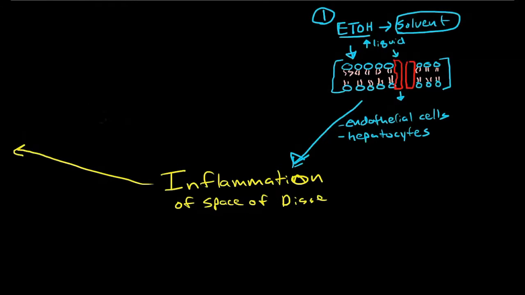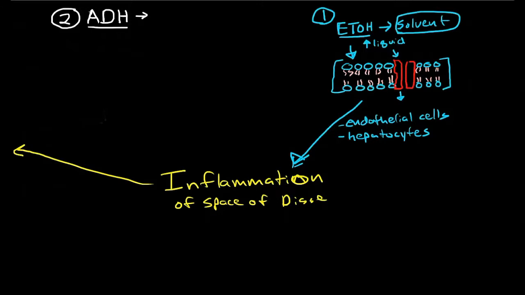Now, number two has to do with the way that the body breaks down alcohol in the liver. Actually it breaks down alcohol in more places than the liver, through the alcohol dehydrogenase system, which you can abbreviate ADH. This is a system of enzymes and coenzymes by which the body breaks down alcohol.